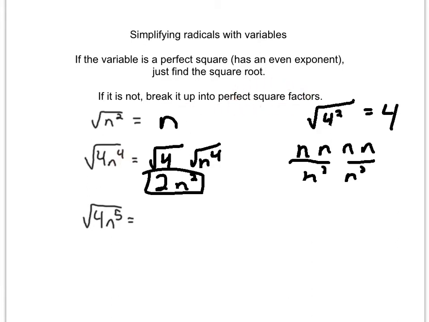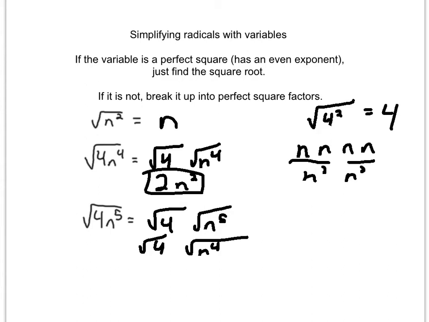So, the square root of 4 times n to the 5th is the square root of 4 times the square root of n to the 5th. Again, I cannot take 5 and divide it by 2 to get the 2.5 power. That's not possible. So I have to break n to the fifth apart into something that is divisible by 2. So this is like the square root of 4 times, let's say, n to the fourth power.